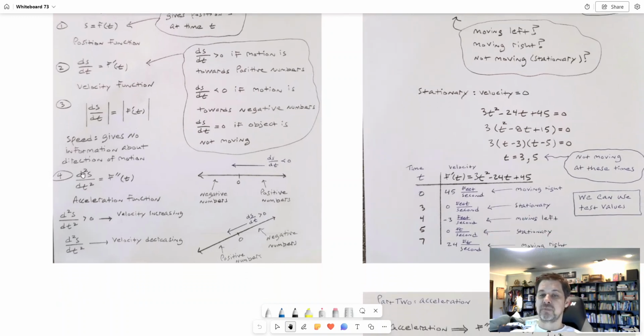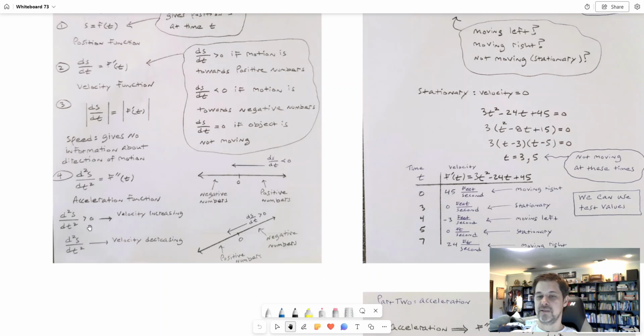All right. If you take the second derivative of the position function with Leibniz notation or function notation, then that gives you acceleration. Acceleration tells you how the velocity is changing. Velocity tells you how the position is changing. So we'll make this inference about it.